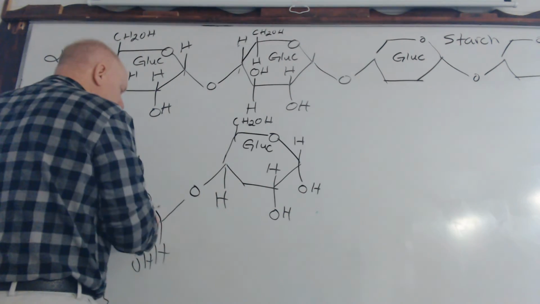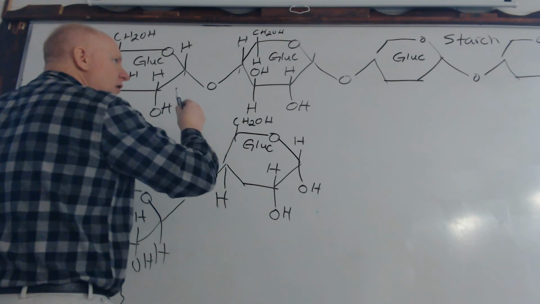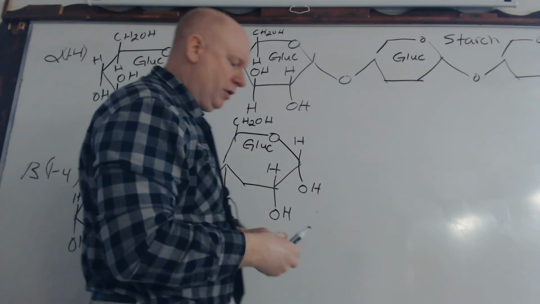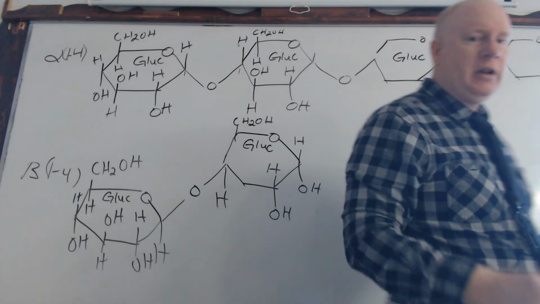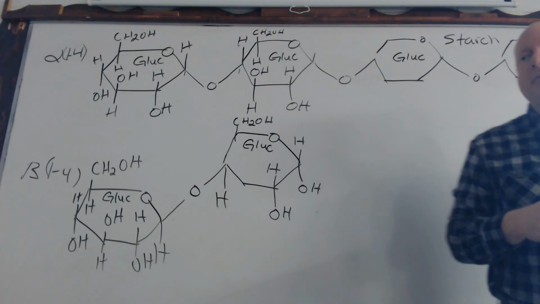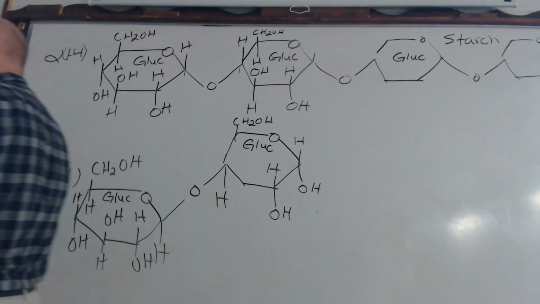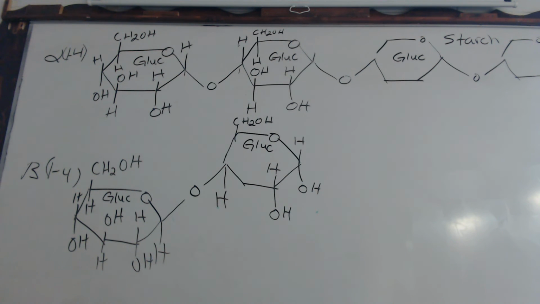Cellulose, on the other hand, wraps itself around in a cylindrical circle. One of the reasons that's so important is that it allows plants to stand up in such high winds, especially trees, having that cellulose structure in there.